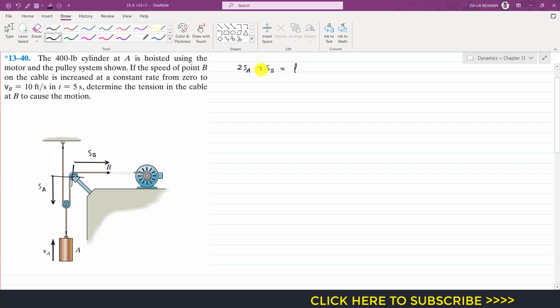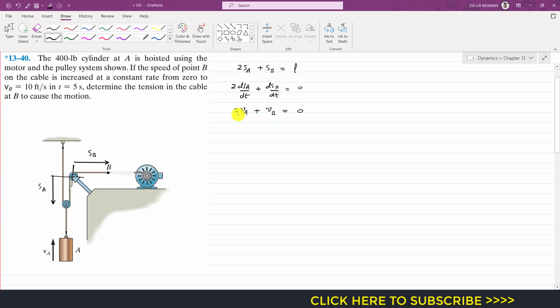If I take one derivative of this equation, that will be 2 dSA by dt plus dSB by dt, and since this length is constant, its derivative with respect to time will become 0. So we can say 2VA, the velocity of cylinder A, plus the velocity of point B, is equal to 0.